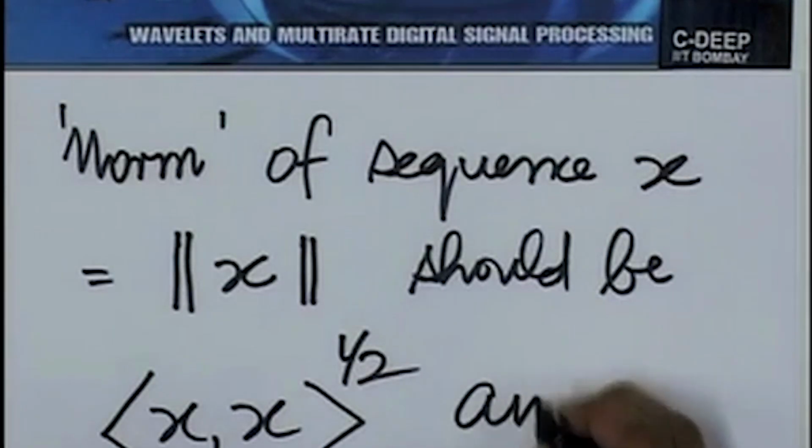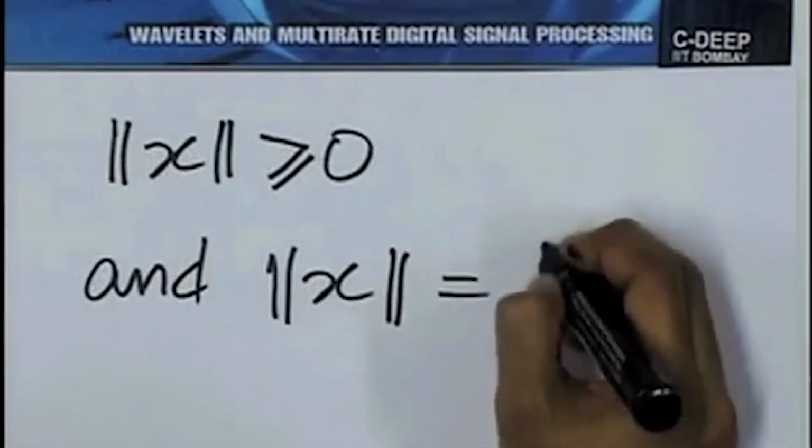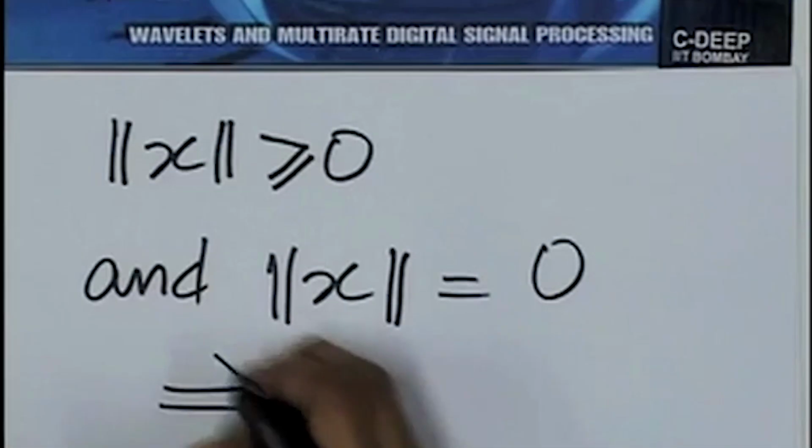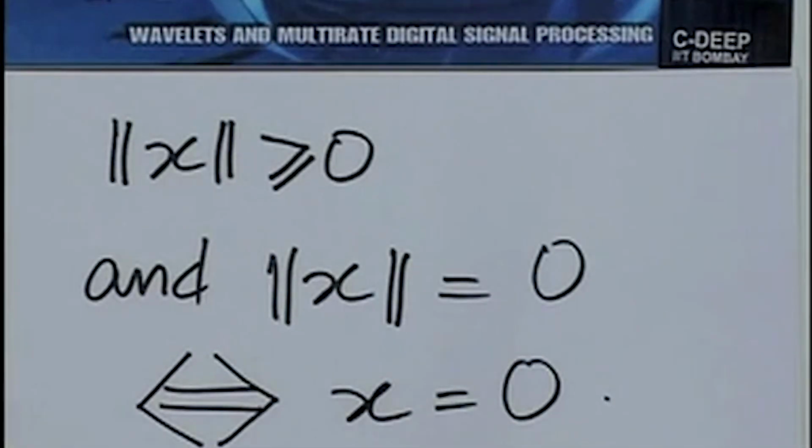And further, we would want norm of x to be non-negative, and if at all the norm of x is 0, that implies and is implied by the sequence itself being 0 everywhere.